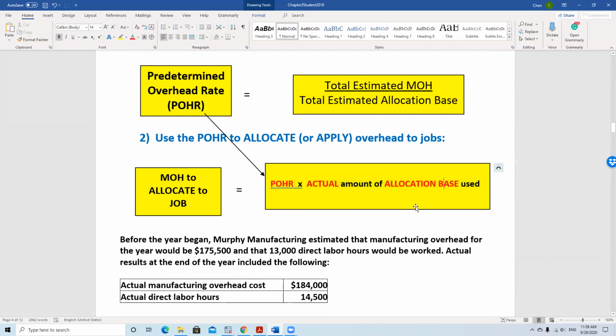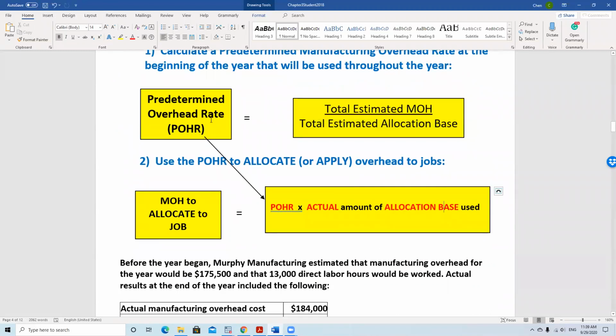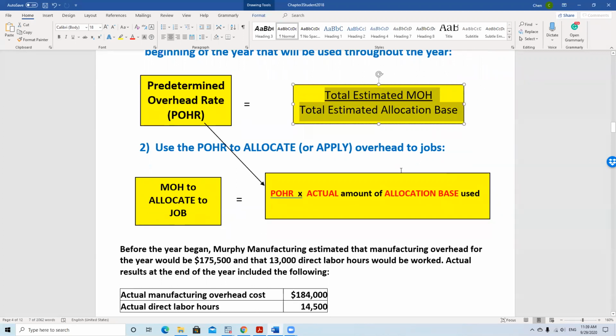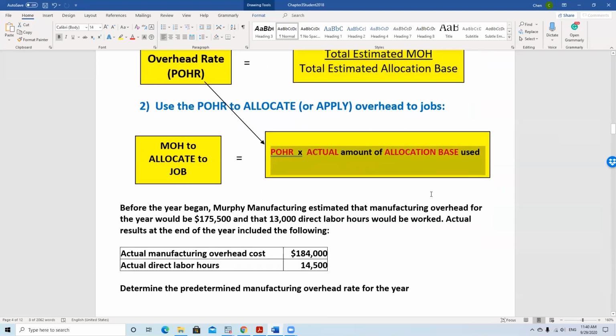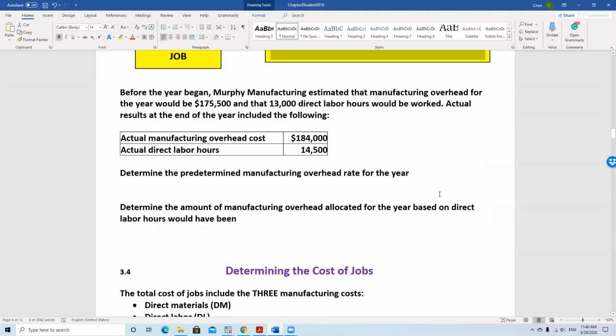Again, this is very important. If you want to predetermine your overhead rate, you have to use your total estimated MOH and estimated allocation base. But then when you allocate your overhead to jobs, you use the predetermined overhead rate times the actual amount of allocation base. So this is an example, okay?